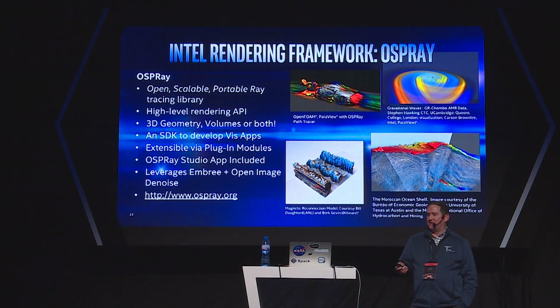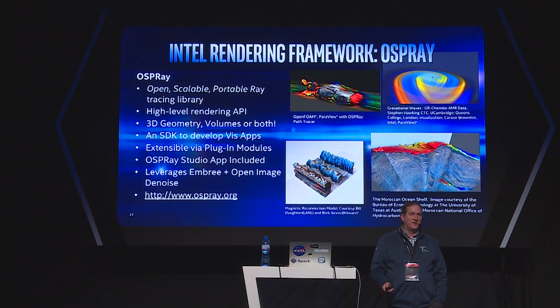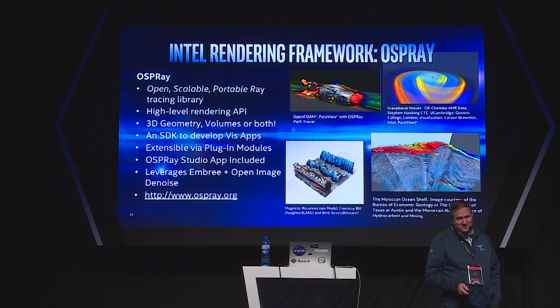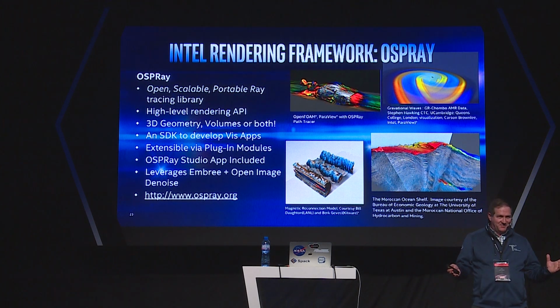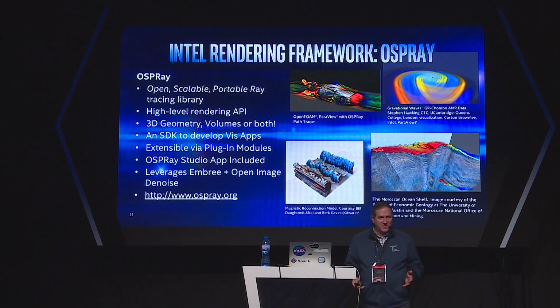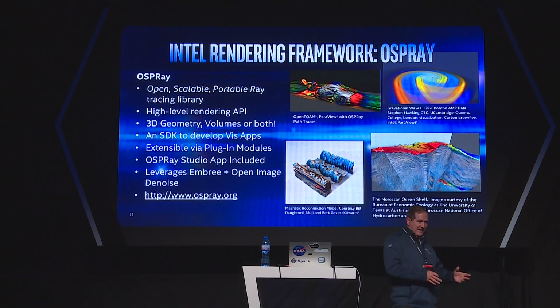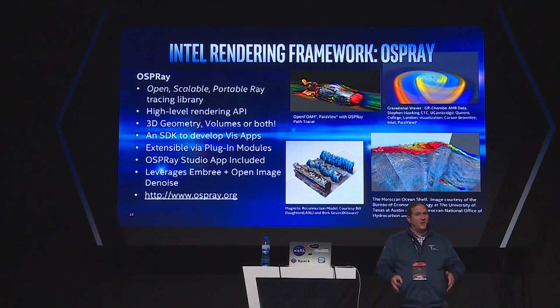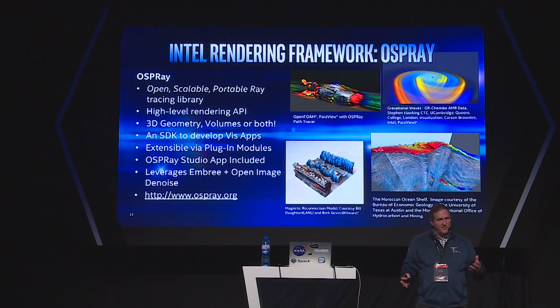But the other thing to realize is it's fully scalable, and by that I mean, if you want to run it on your laptop with 4 cores, you're going to get a certain performance. It'll try to maximize that performance. You want to run it on a workstation with a single or dual socket Xeon, you're going to get that much more performance for rendering. The other thing it does, though, is it can go across multiple nodes and utilize the memory size and the compute performance.